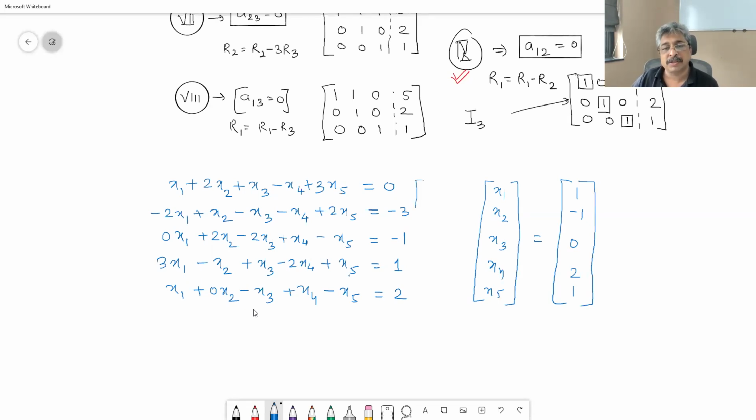And before this, if you really want to write down the corresponding last matrix equation, then it will be 1 1 1 1 1. Pivot elements are 1, all 5, and everywhere else 0. This entire triangle is 0. This entire triangle is 0.